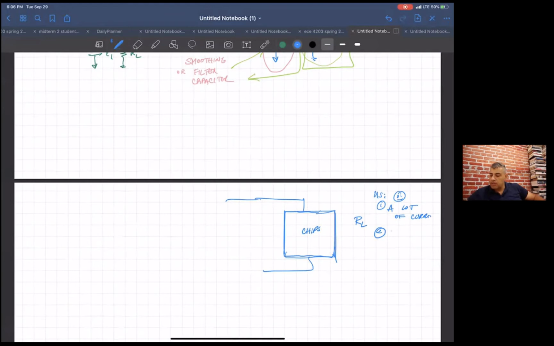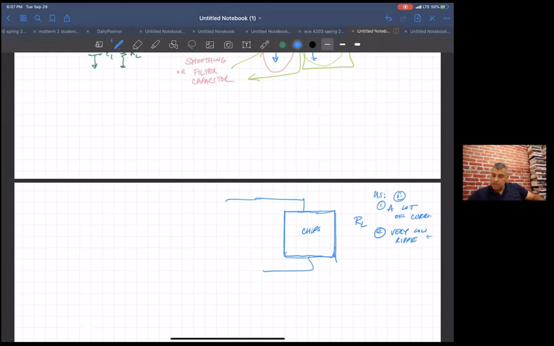You want to say very low ripple, because ripple makes our life hard. It eats into our noise margins. We like a nice smooth input voltage. So we design this chip and write the specs, and the specs invariably have a very high current, as high as we can get away with, and we're telling the person who's going to use this chip to make the ripple as low as possible.